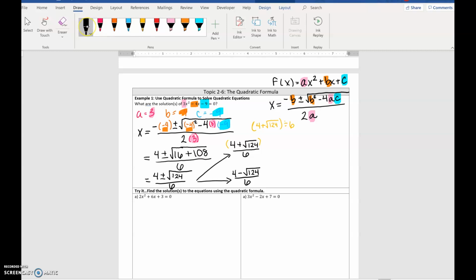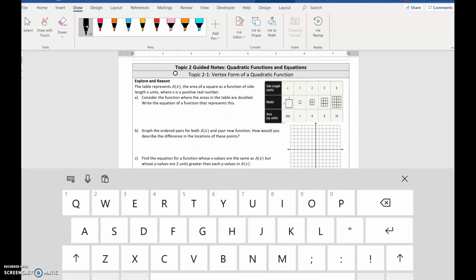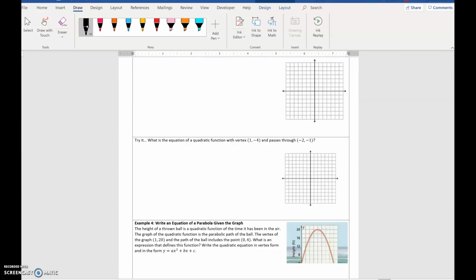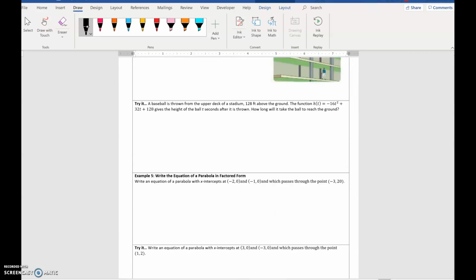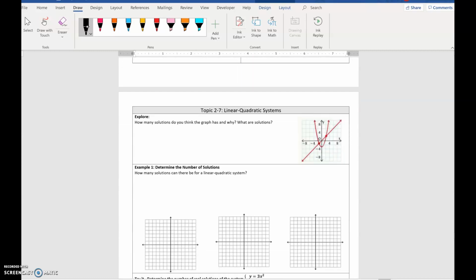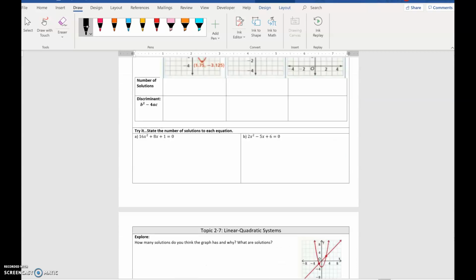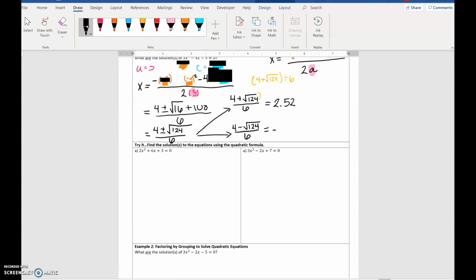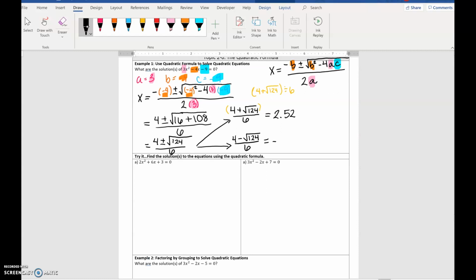When you do that, this top one should give you 2.52. And again, this one, same thing, put parentheses or do it in 2 steps. And you should get negative 1.19.